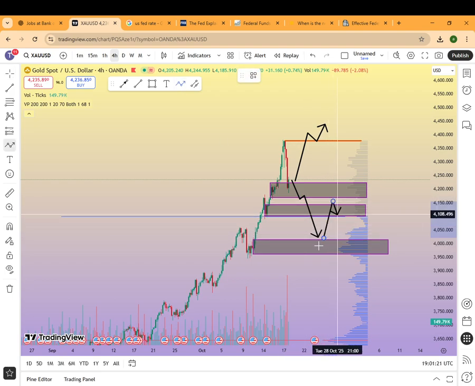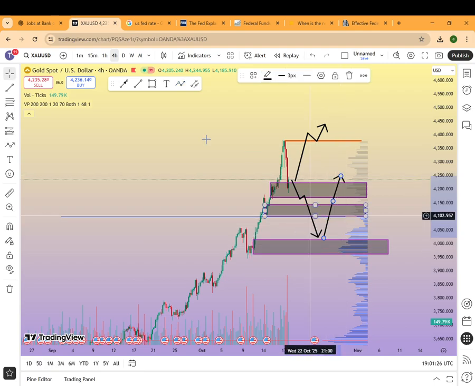If the market retests this zone, then the market changes the trend into an upward direction. In the near term, we expect a consolidation or retracement into a strong demand order block zone.